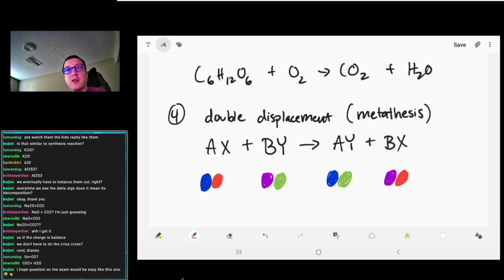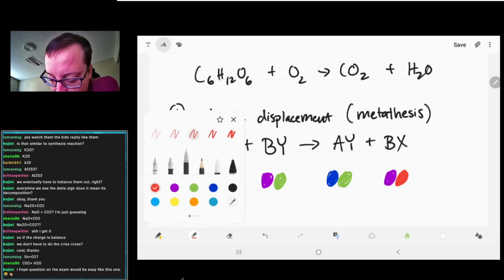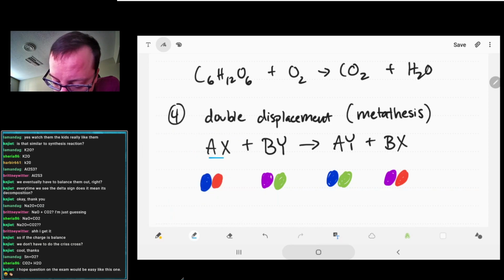We're swapping partners. So the negative part that was with B is now going to be with A. The negative part that was with A is now going to be with B. So they're just swapping. So we're going to basically be making, let's use light blue, we're mixing these two guys together and these two guys together.